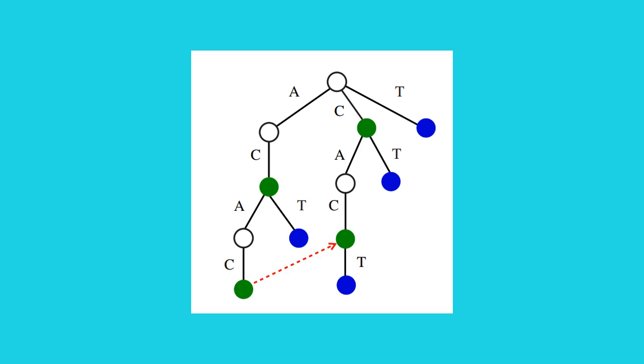By following a pointer from ACAC at the green node to the longest proper suffix CAC, we can test whether CACT is in our set of strings with just one character comparison.